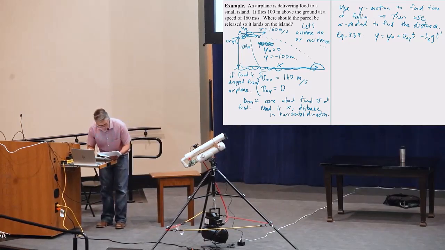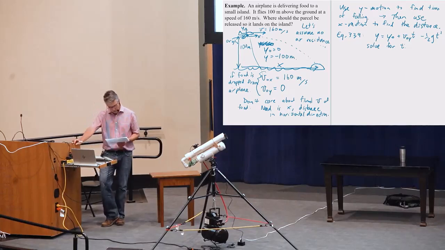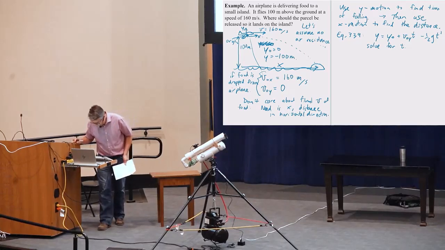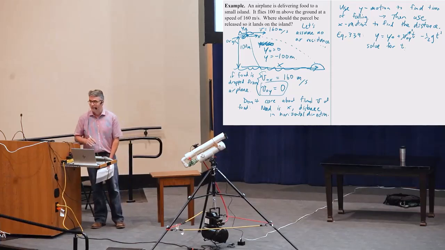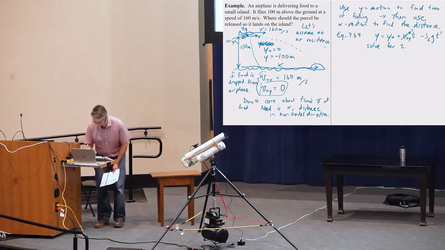Okay, so we need to solve this for t, which is not a good thing because it's a quadratic equation. Oh, no, it's okay because v0y equals 0, so it's an equation that has a square in it, but it's not a quadratic equation, so we're okay.